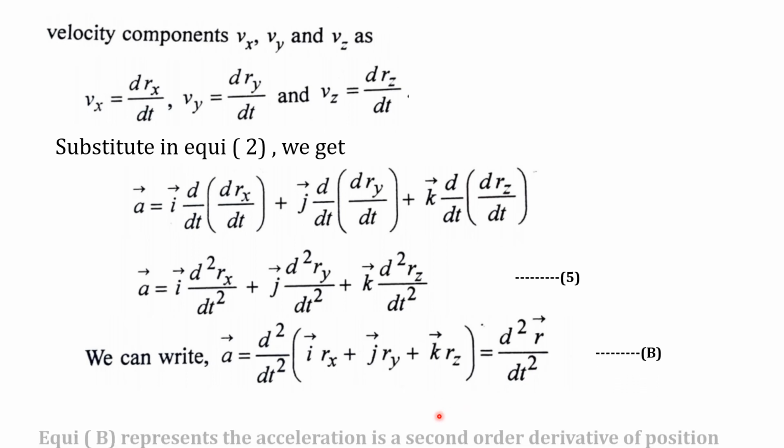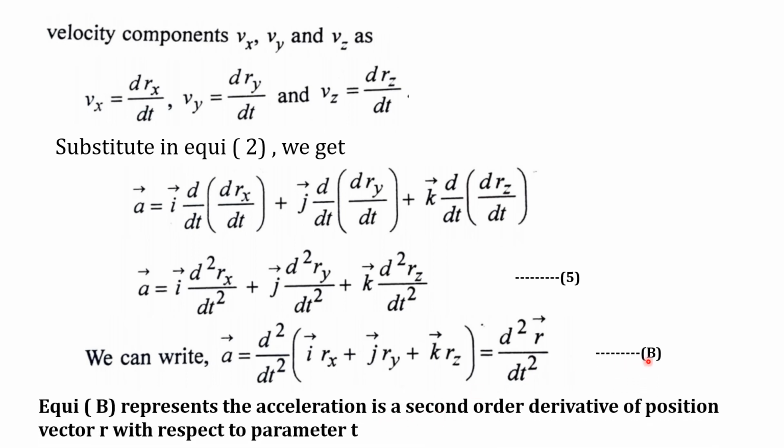What does it represent? That equation represents the acceleration. Vector A is a second order derivative, since it is d square by dt square. If we write d by dt, this is first order for the velocity term, but for acceleration it is a second order derivative of position vector r with respect to parameter t.